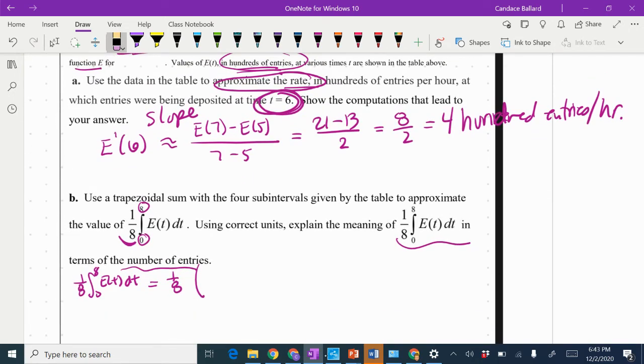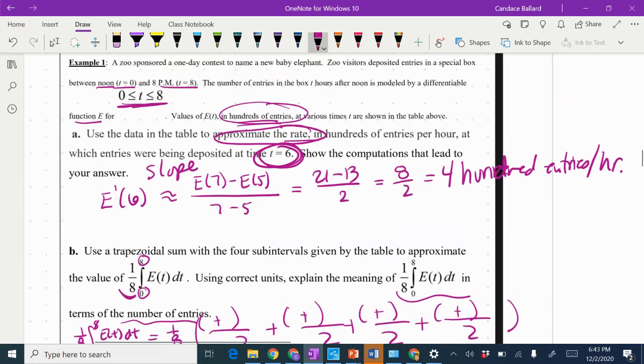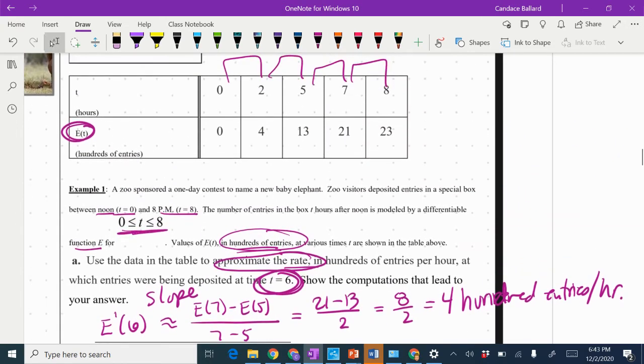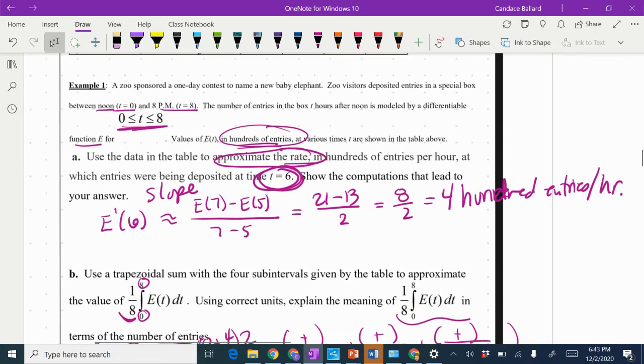So 1, plus 1, 2, 3. Okay, we're going to divide them all by 2. We're going to have space to do 2 values, 2 bases. So my first distance in between is 2, and my heights are 0 and 4.